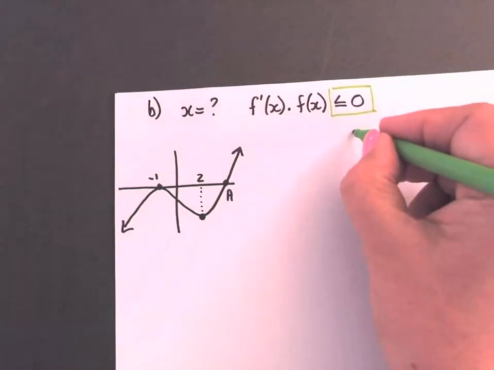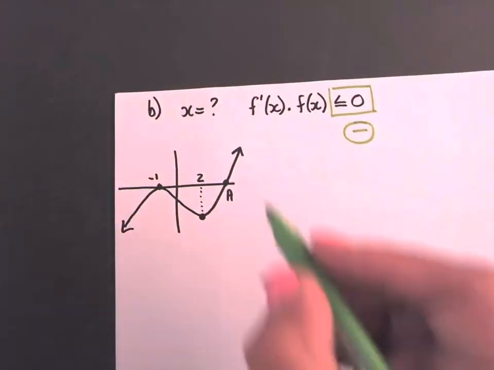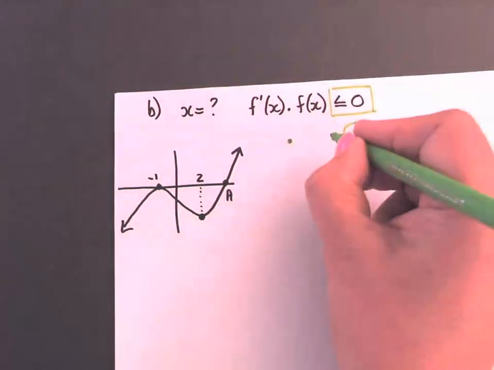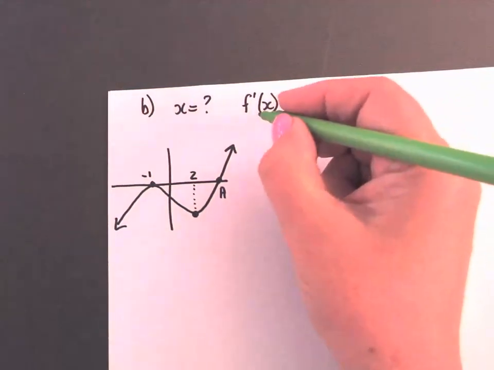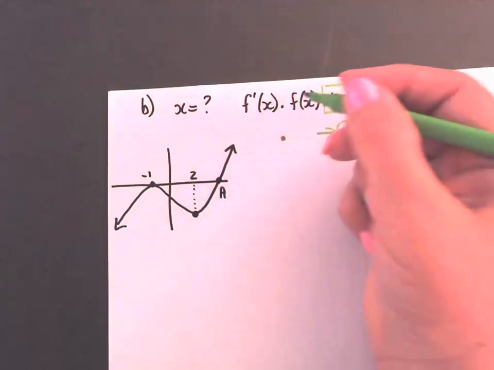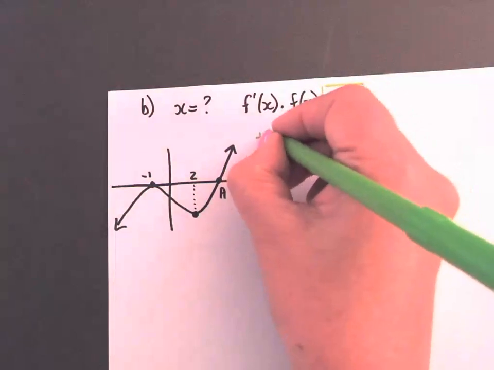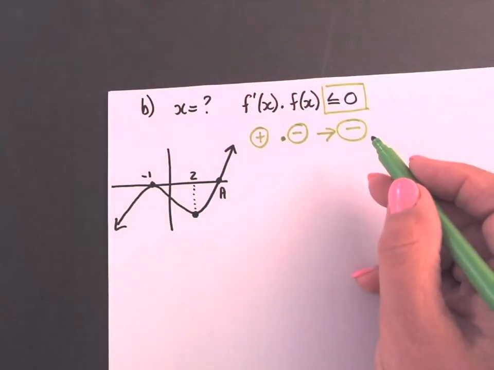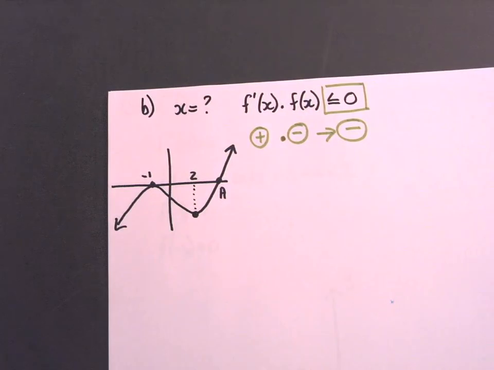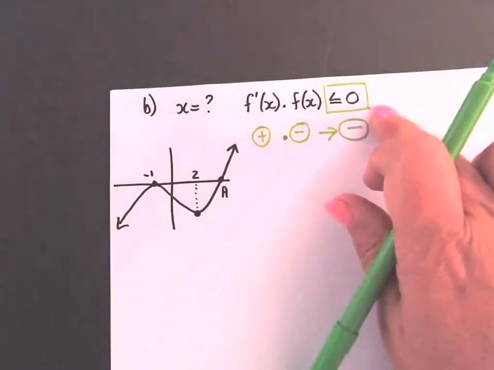Negative. I have to multiply two things and then get a negative answer. What can I multiply to get a negative answer? Negative times positive or positive times negative. Okay, let's do the positive times negative first. That will give me a negative answer.